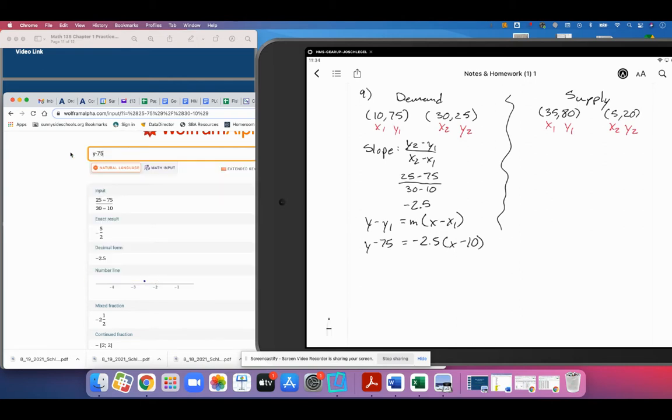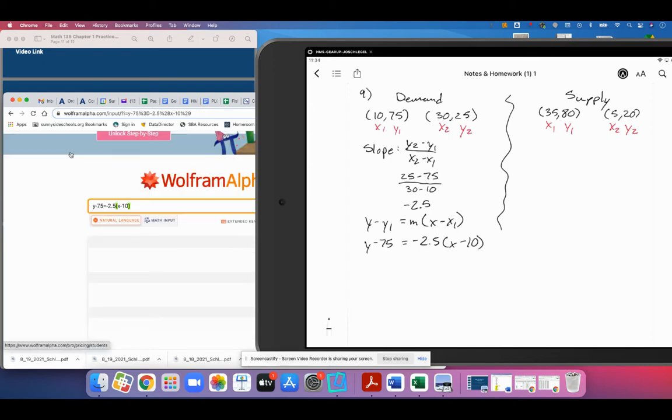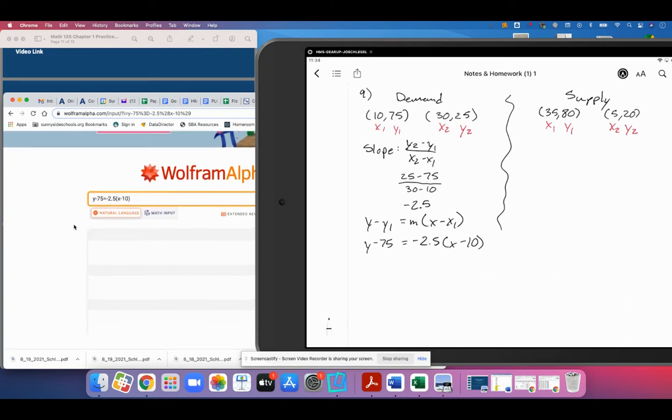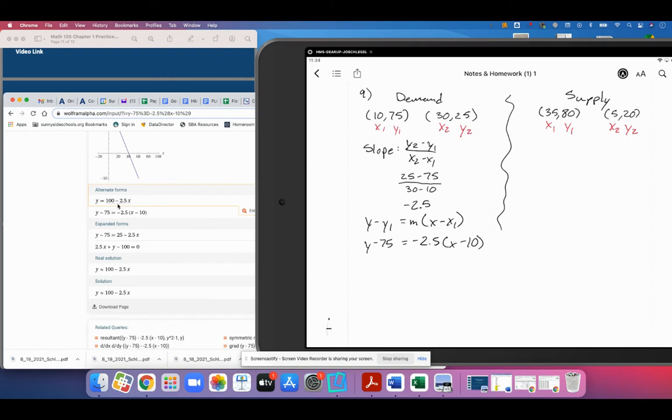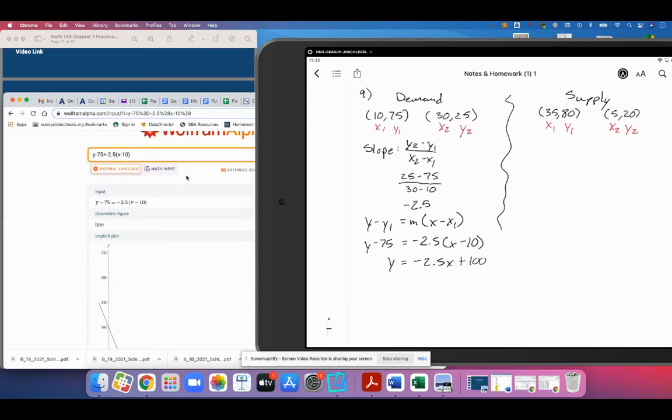And we end up with the alternate form right here that we prefer: y equals, and again, I like to have my x term first, so negative 2.5x plus 100 for our demand function.